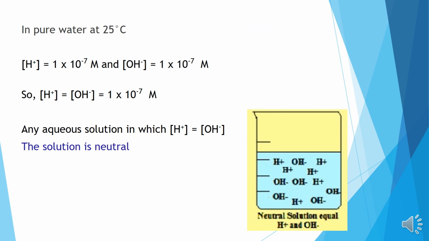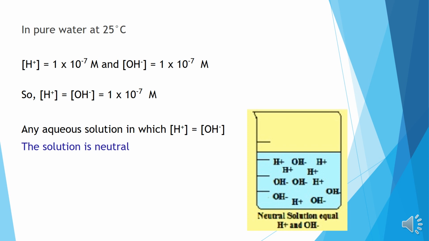Now in pure water at 25 degrees, the concentration of H+ equals 1 times 10 to the power minus 7 molar, and the concentration of OH- equals 1 times 10 to the power minus 7 molar.